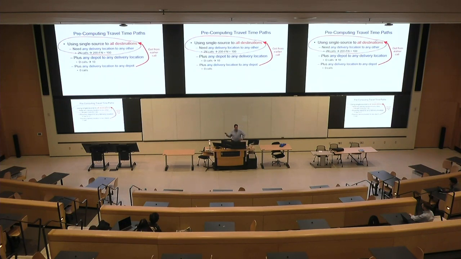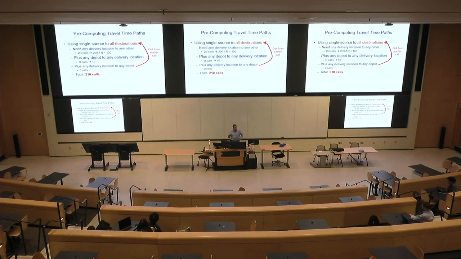I can just consider the depots to be other interesting intersections, and I'll run Dijkstra's algorithm for the whole graph, and get from this starting intersection the minimum delay to every depot as well. So if you add all this up, for a big problem, 100 deliveries, 10 depots, this is 210 calls.